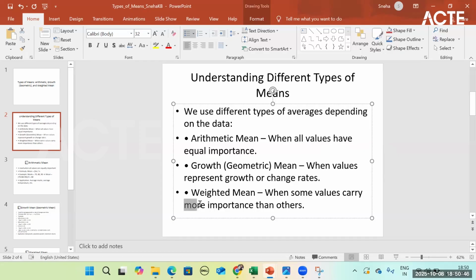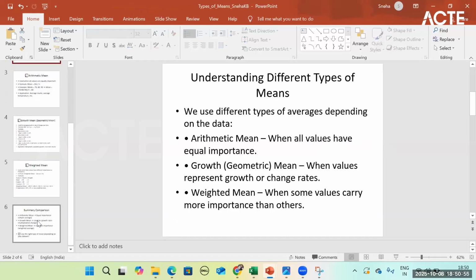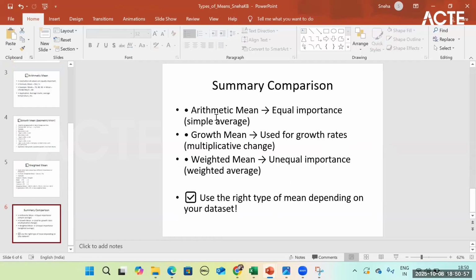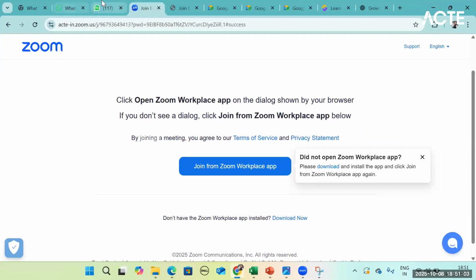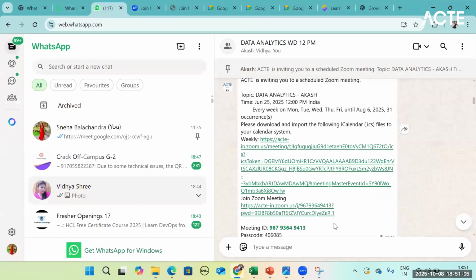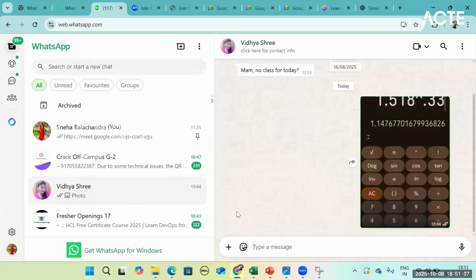When some values carry more importance than others, then we use weighted mean. Depending on your data set, use the different types of mean, median or mode according to your data.